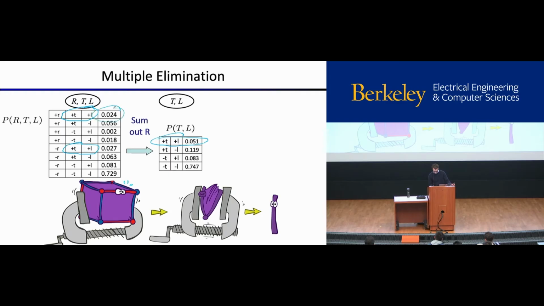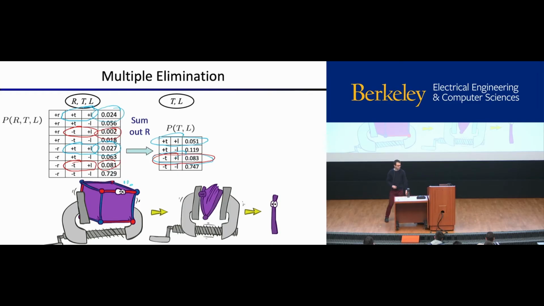We have a 0.024 and a 0.027, and we get a 0.051. And then similarly down here, now we have a minus t and a plus L. I'll do that in red, minus t plus L. So we have minus t plus L and minus t plus L. And so we have to sum 0.081 and 0.002, and we get 0.083. So now we have this joint distribution over T and L.